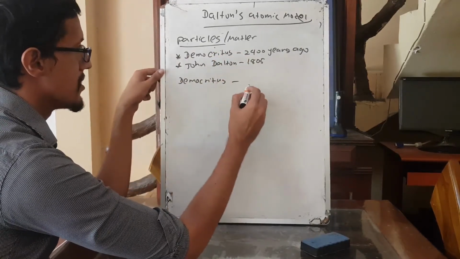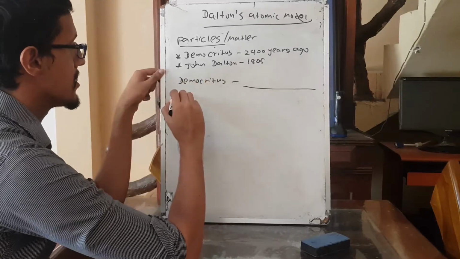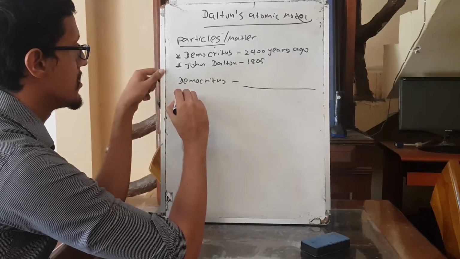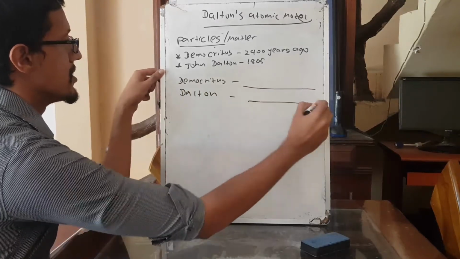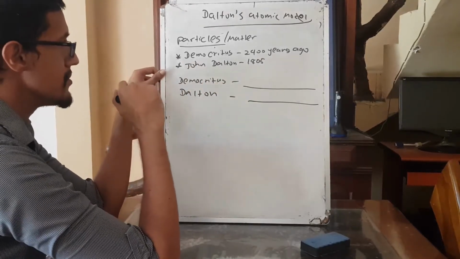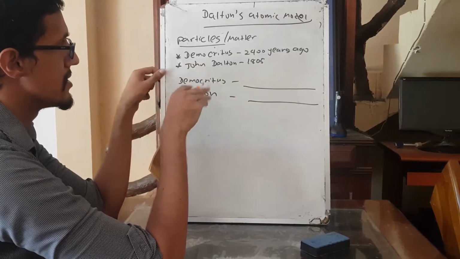You have to write what did he tell. Then Dalton, what did he tell? You have to complete your note. So that is about the history.